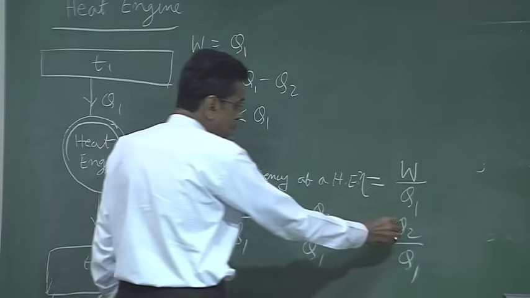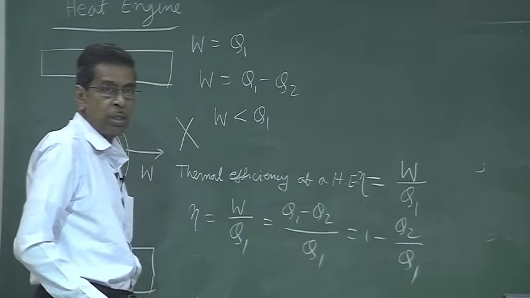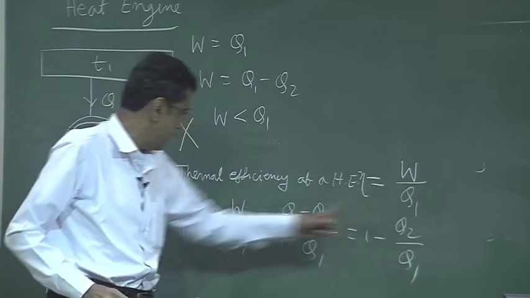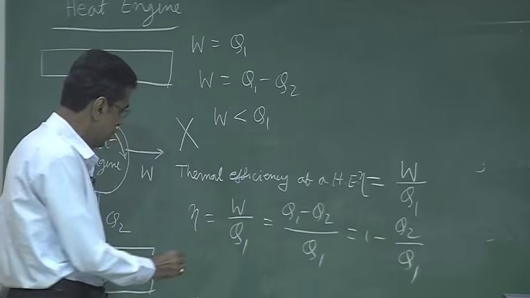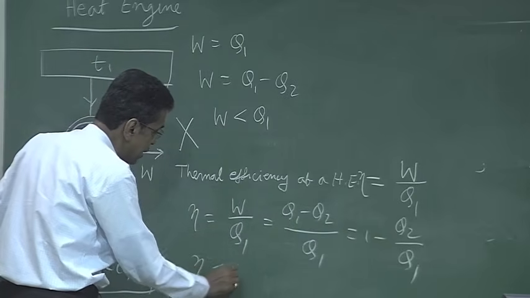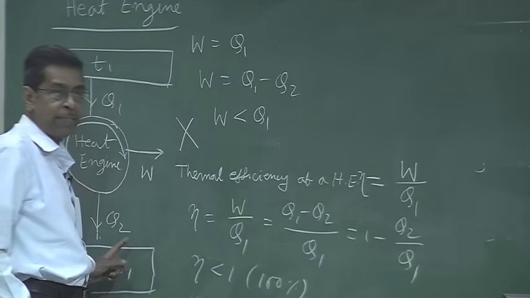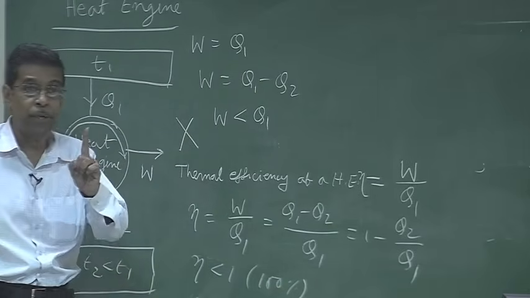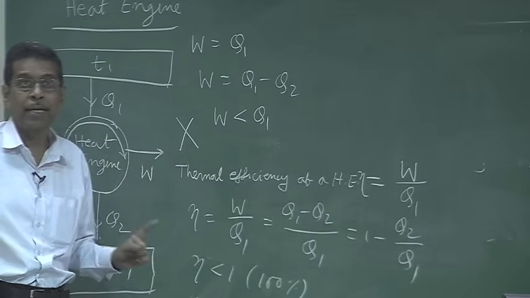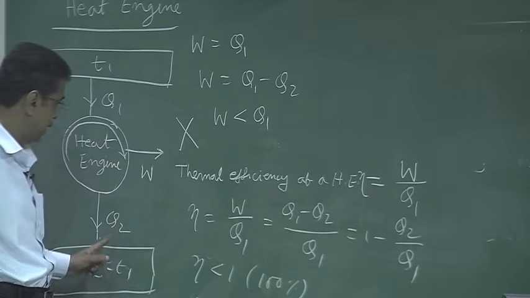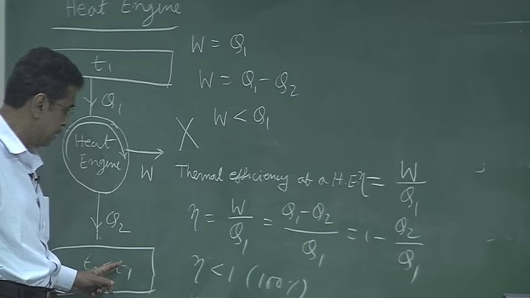That means Q2 can never become 0. Q2 has to be greater than 0 and W has to be less than Q1, which means eta is always less than 100%. That means a heat engine can never reach 100% efficiency. But here one very important point is there, that a heat engine can never reach 100% efficiency.